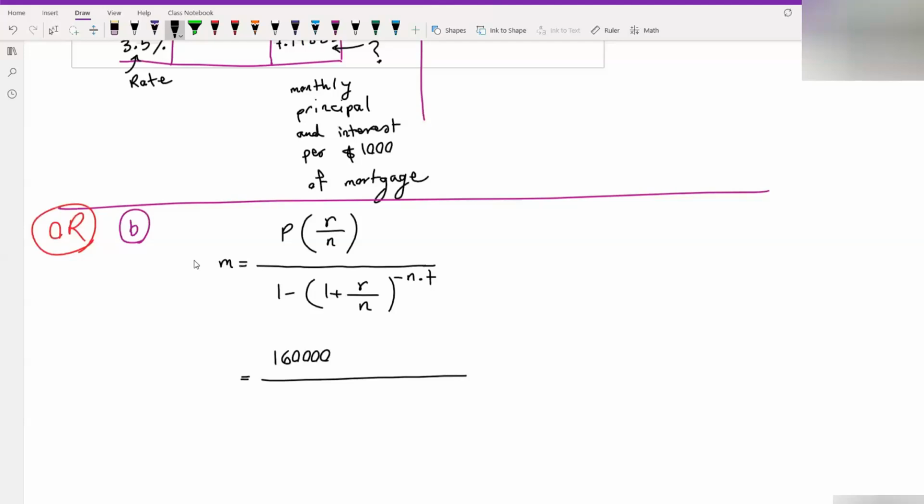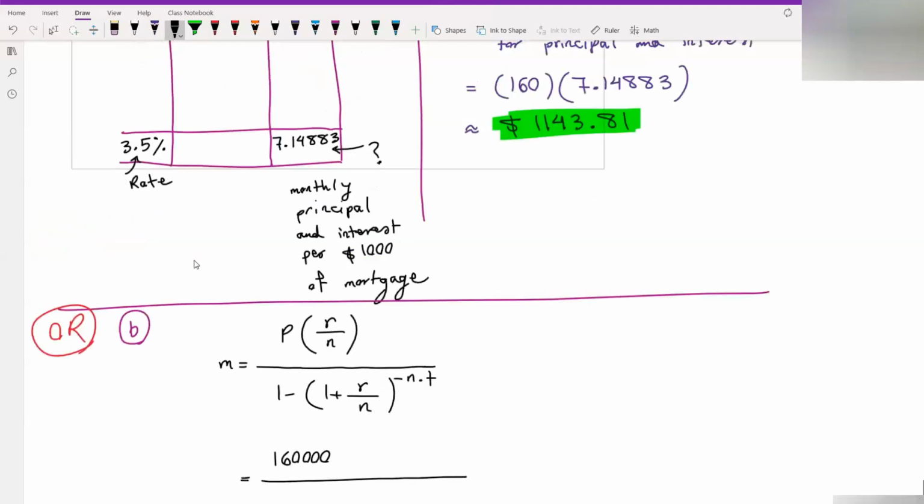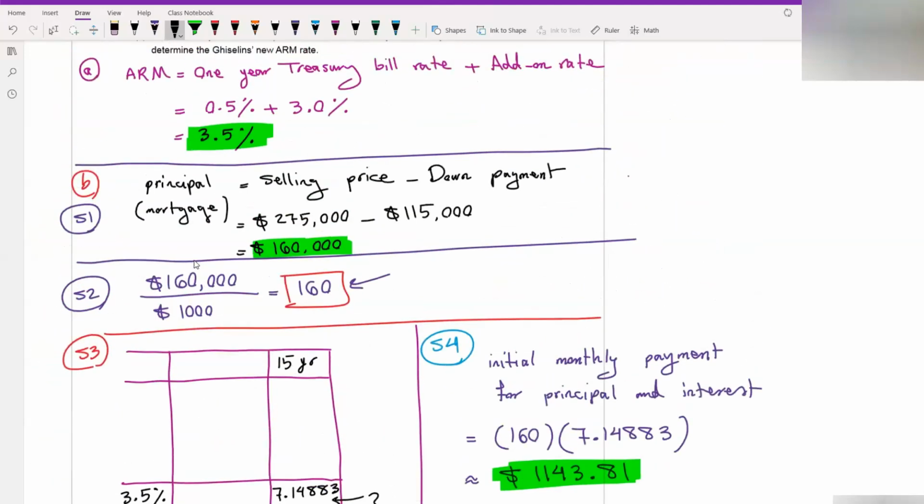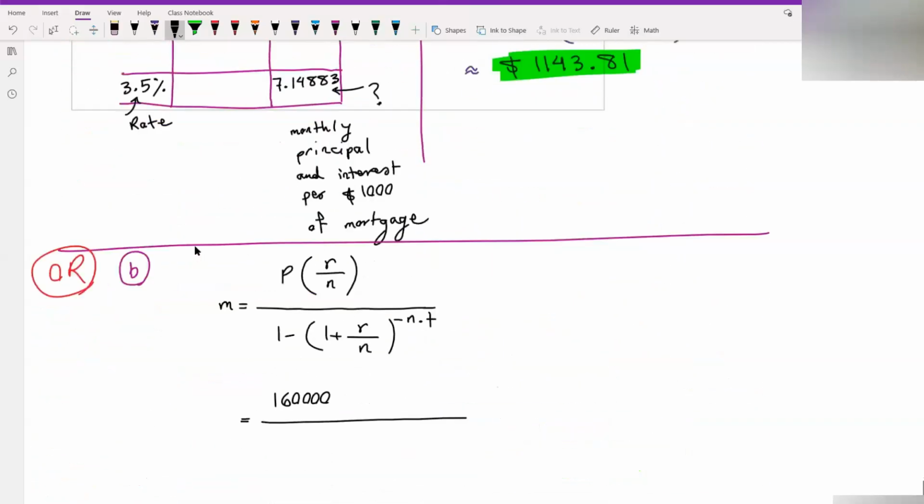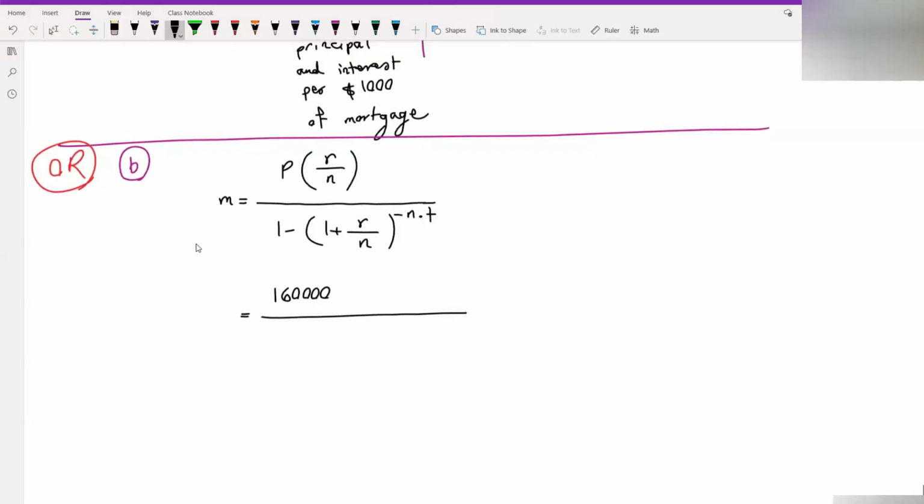Multiply by our rate, 3.5%, written as a decimal, 0.035, divided by N; how many months we have in a year is 12.